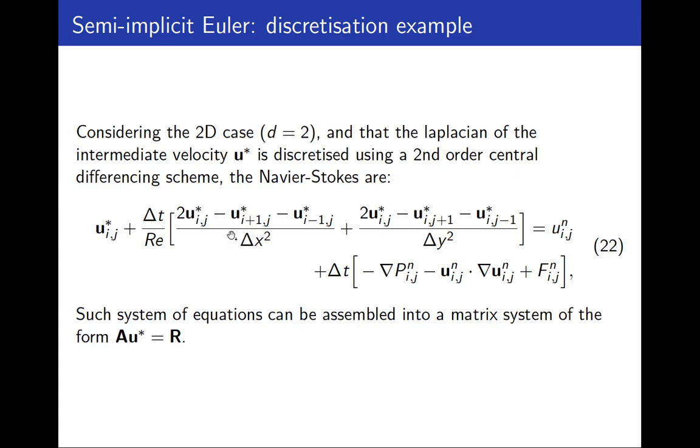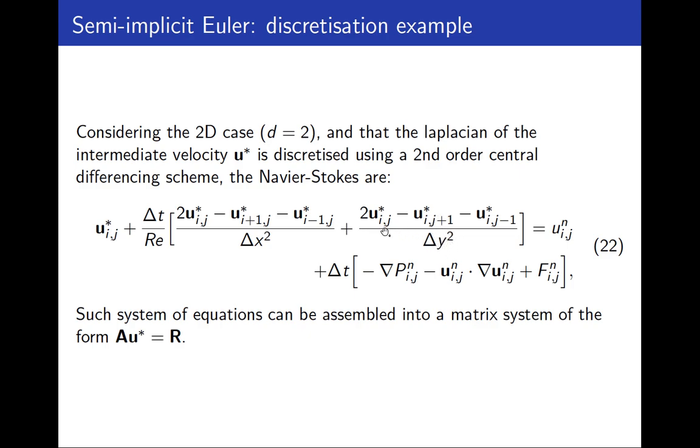Then we need to evaluate the velocity at the cell to the right, and then the velocity at the cell to the left. Here we evaluate the second derivative of u star in the x direction. But here we have to evaluate the second derivative of the velocity, now in the y direction.